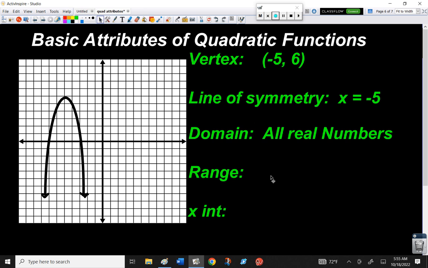So it goes from +6 all the way down, which means y is less than or equal to +6. And last but not least, ladies and gentlemen, the x-intercepts. This graph crosses the x-axis at both (-7, 0) and (-3, 0), right here and here.